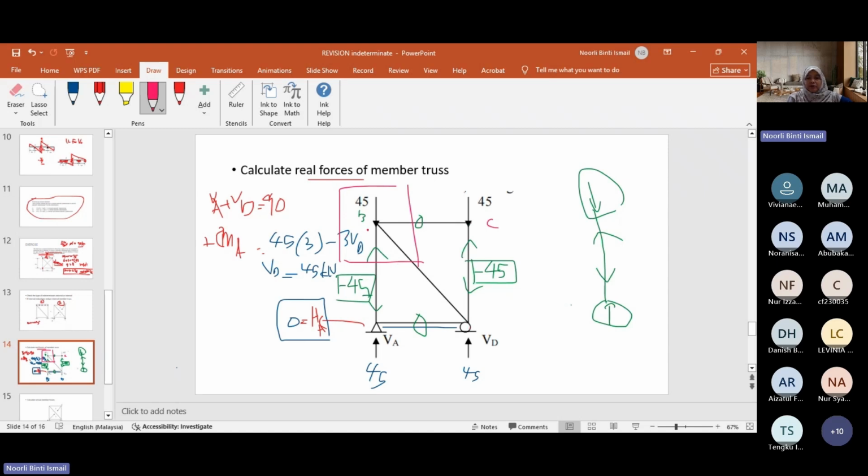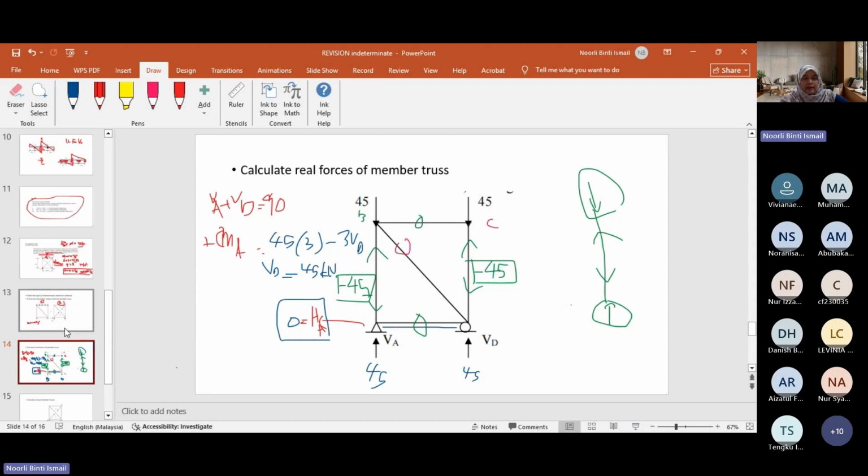So if I refer to joint B, BD will be, they are already balanced in Y direction, right? Because 45, this one 45. Already balanced. So this one 0 lah. Okay, BD is 0. Nampak tak? So this is your real member forces. All right. So next.